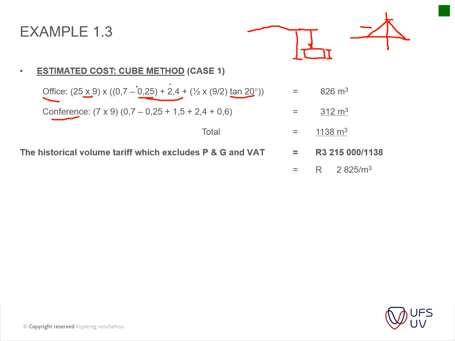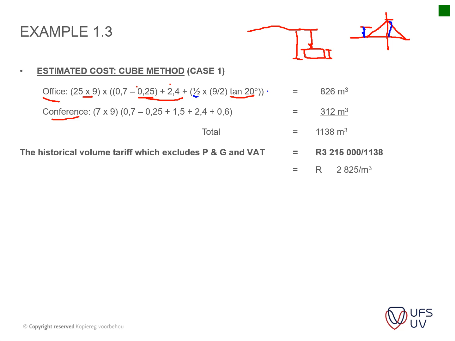You want to calculate your top height from there to there, and if you divide that by 2, you will get this little section that you need to add to your height. Hence the half that you calculate there. You do your calculation. On the next slide this section is going to be explained nicely.